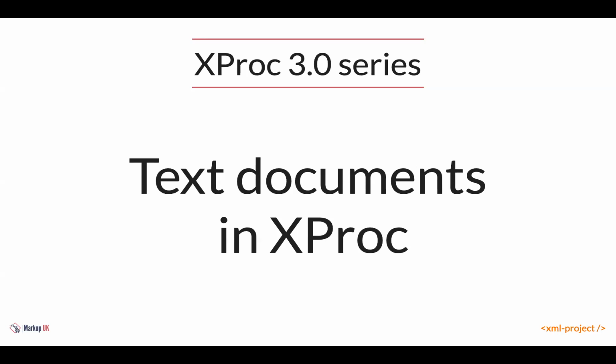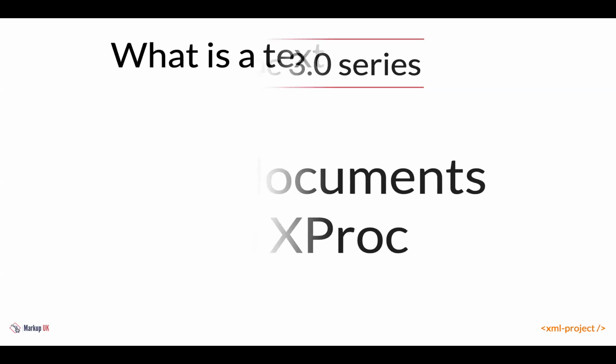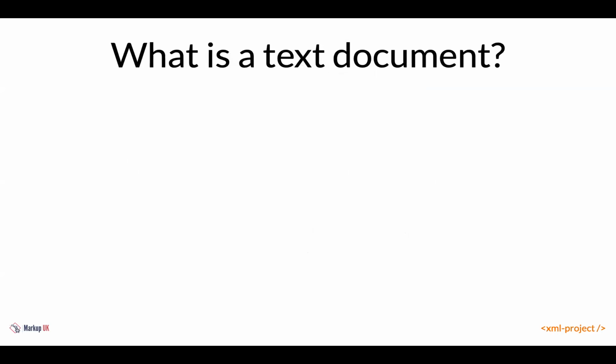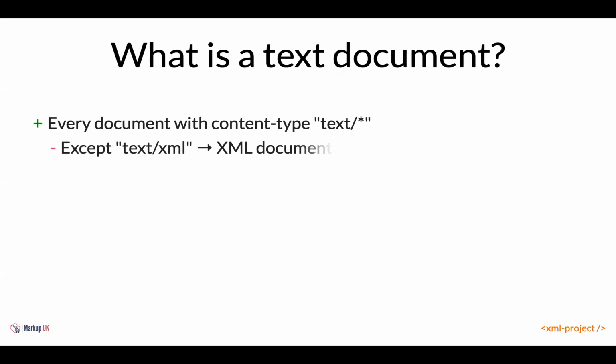Before we start, let's get a clear concept of what XProc means by text document. The spec has a definition of a text document, and this definition is fairly easy. It says, every document with content type text/* is a text document. Of course, except text/xml, which becomes an XML document, and of course, except text/html, which becomes an HTML document.